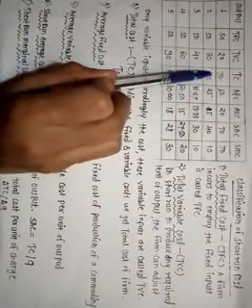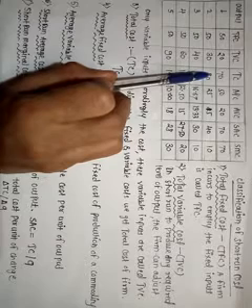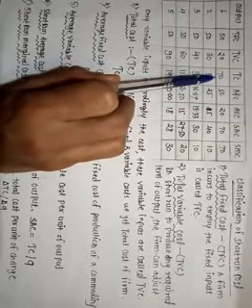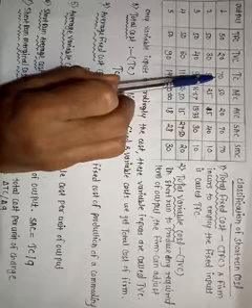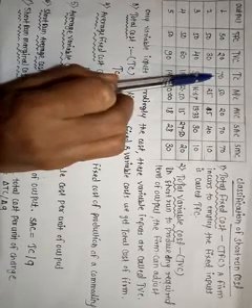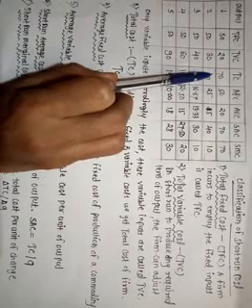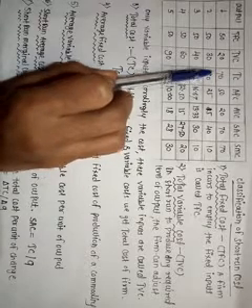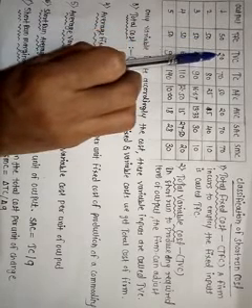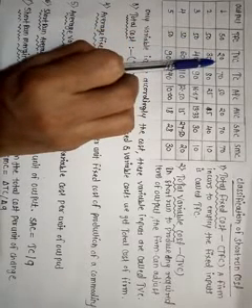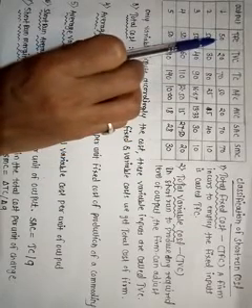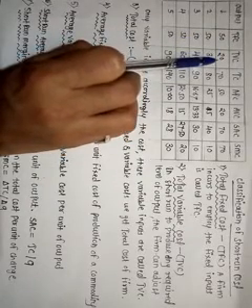Means see here in the table, fourth column shows the total cost. Here we obtain the total cost, the sum of the corresponding values of the total fixed cost and total variable cost.